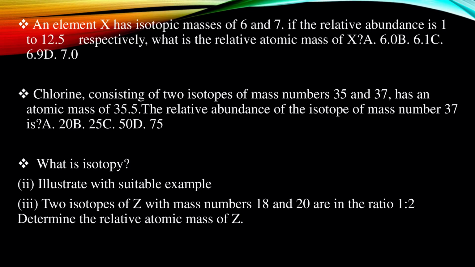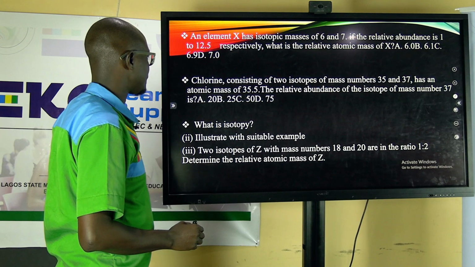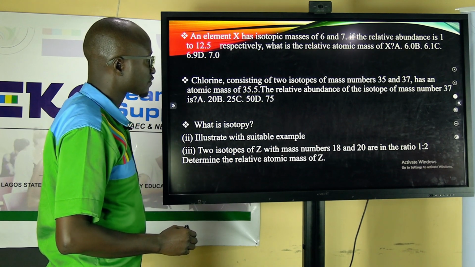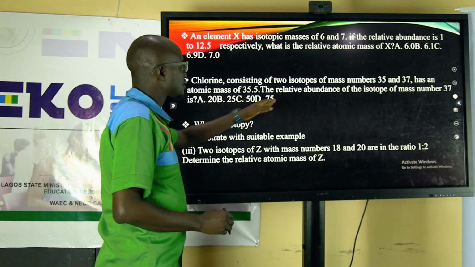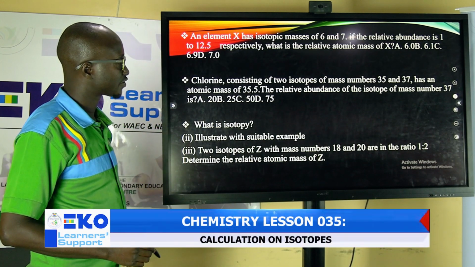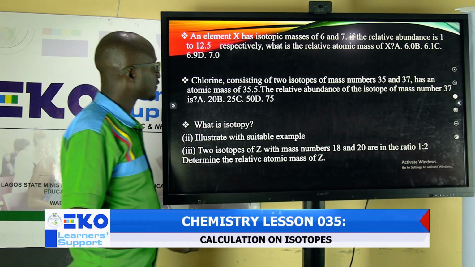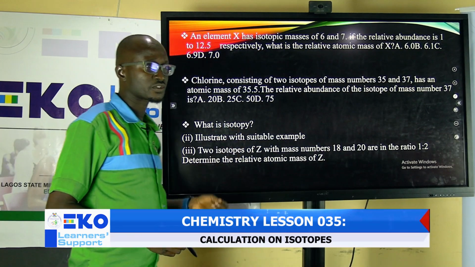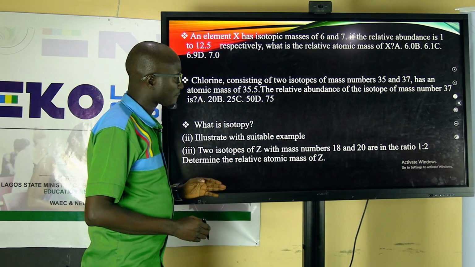Chlorine consists of two isotopes, mass 35 and 37, and has an atomic mass of 35.5. What is the relative abundance of the isotope of mass 37? In this case, it is clearly in the form of percentage. Now look at this question, students. It's very tricky.